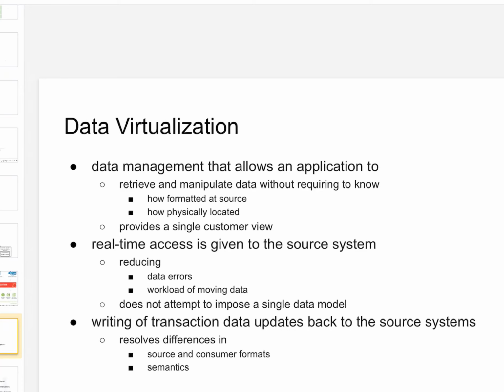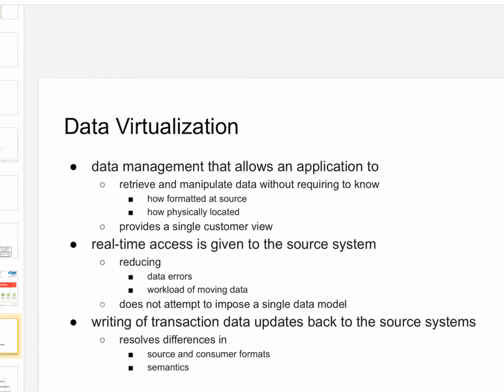And the second major point is real-time access to the source system. So this is very important. Whenever data is changed at the source, the data is available in real time to the consumer. This is very, very important in an enterprise architecture.